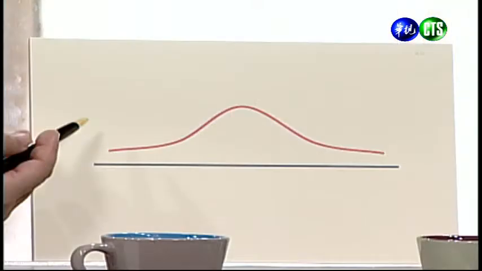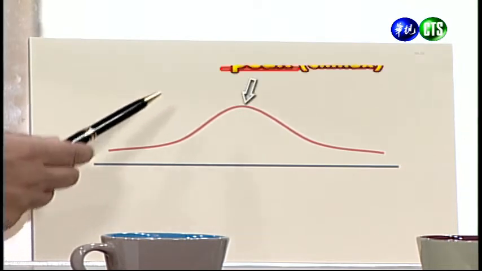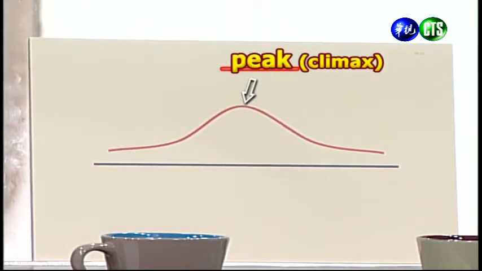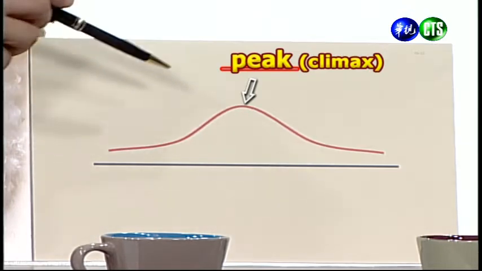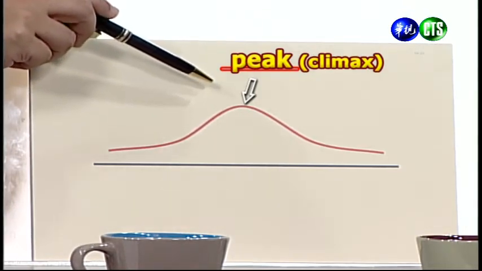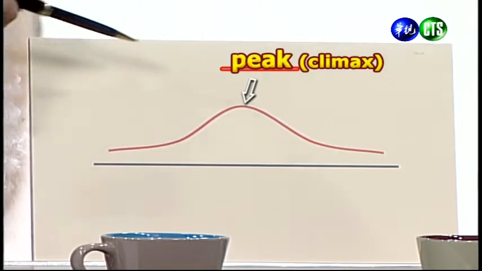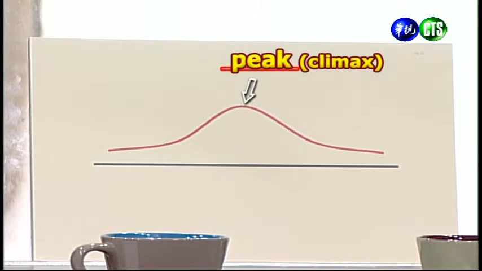Now, the story can be considered like a curve with an inflection point. And so if we take a look at this graphic over here, we can see that the inflection point is the peak of the story. This is the point where the story is most exciting or where the tension is greatest.